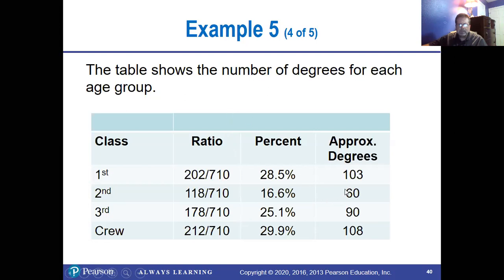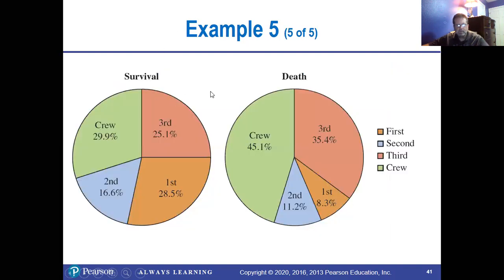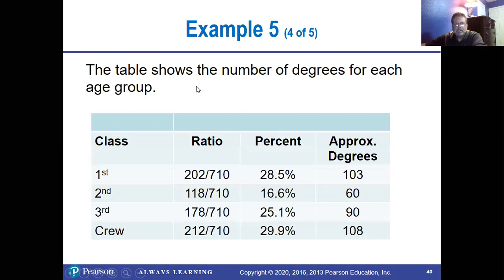All right. Now, how do I figure out the degrees? Let's go back one. What's the easiest way to do this?